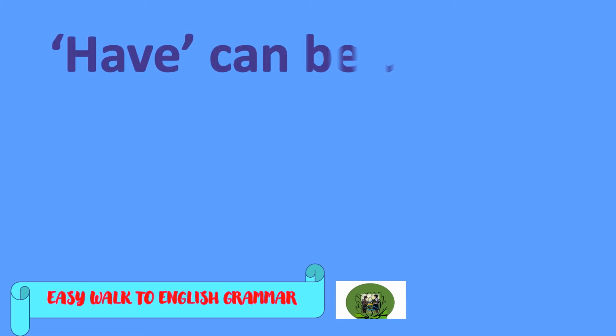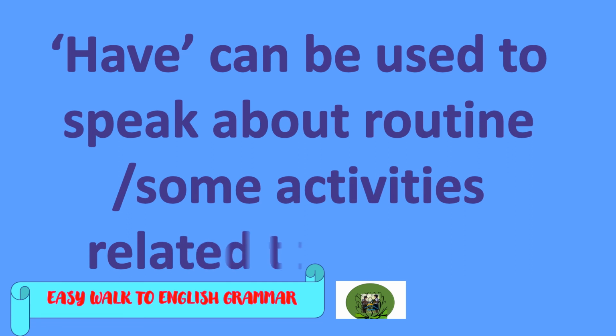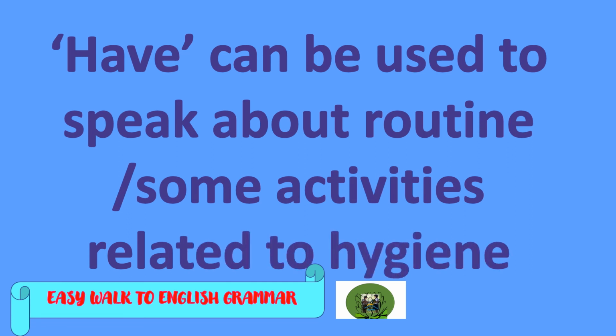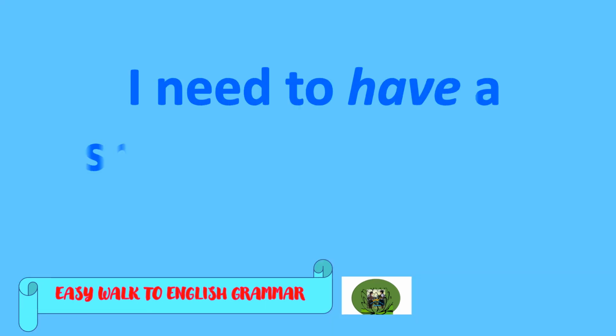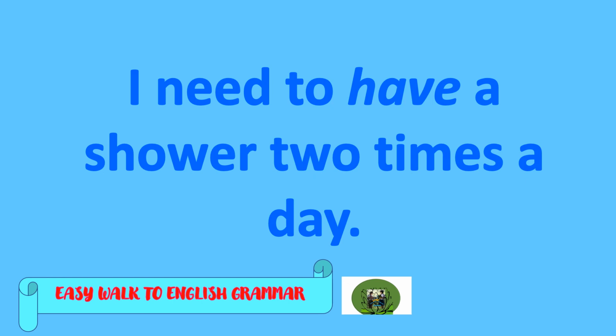Have can also be used to speak about routine or some activities related to hygiene. For example, I need to have a shower 2 times a day. Having a shower is something related to our hygiene, to keep our body and mind healthy. And we used have as the main verb here to tell about something which is part of our hygiene.